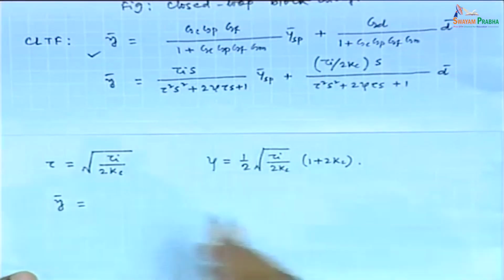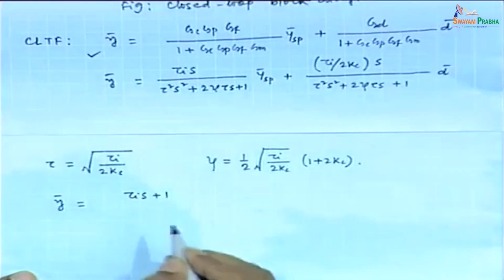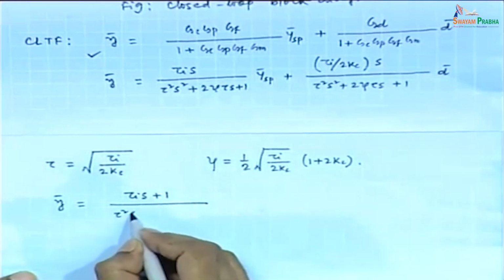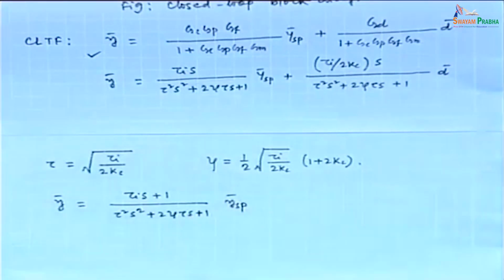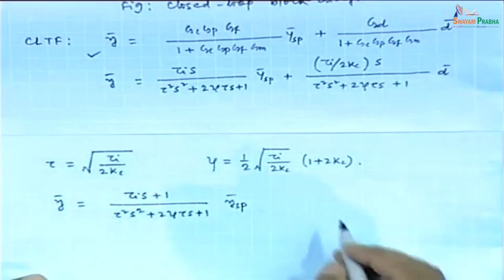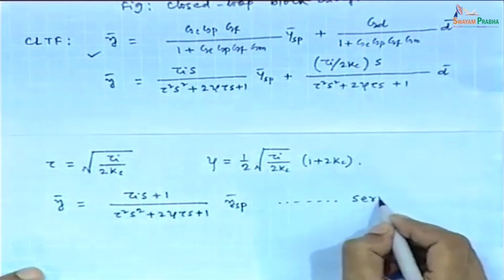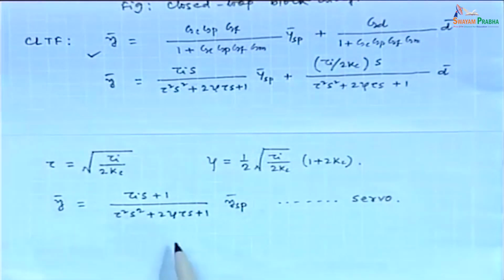Then the closed loop transfer function becomes y bar equals (tau y s plus 1) divided by (tau square s square plus 2 zeta tau s plus 1) y set point bar. This is the closed loop transfer function for the servo case.